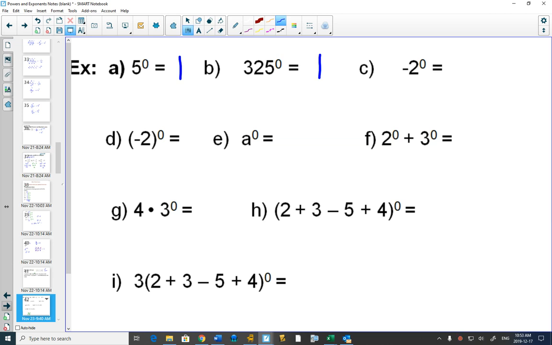Negative 2 to the 0 is negative 1. Ooh, this is the first tricky one. Why? Because order of operations here would say, first you do 2 to the 0. 2 to the 0 is 1, but there's a negative out in front. That negative gets multiplied by that 1, and then you get negative 1.